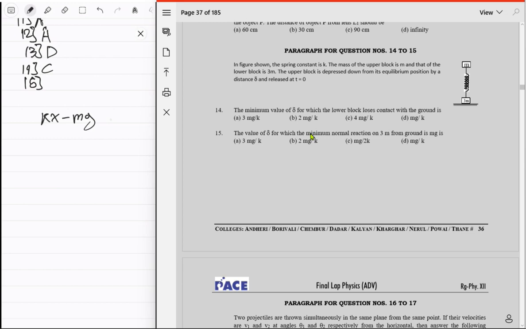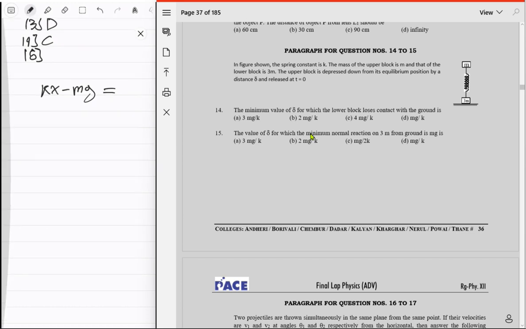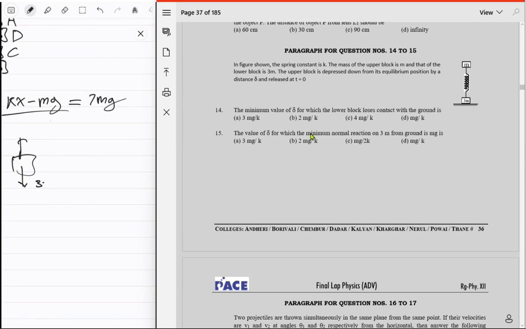The force acts upward, and gravity acts downward, 3 mg, and then the normal force is mg, so combined it is 2 mg. So kx is equal to 3 mg, so x is equal to 3 mg upon k, which is a.